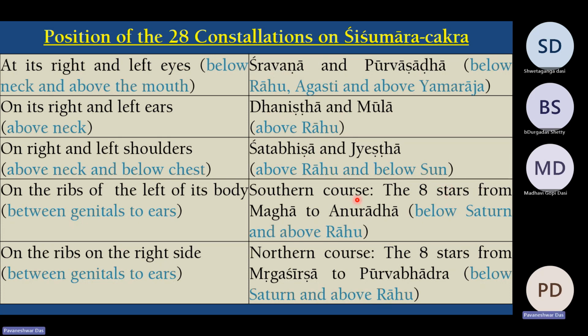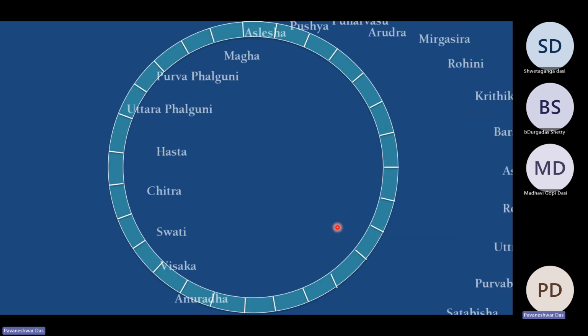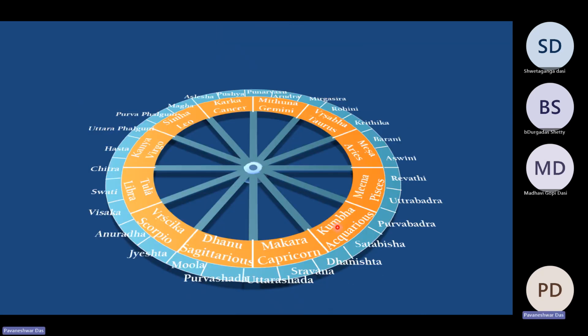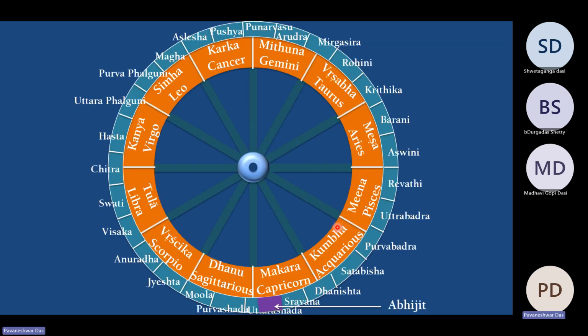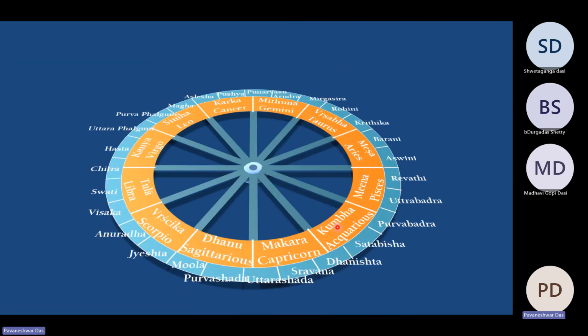And 8 stars on the south side, 8 stars on the north side. So, taking this verse into consideration, we place them properly in their respective locations as per the details given here. So these are the 27 nakshatras which are situated along with the 12 rashis, along with the 28th nakshatra Abhijit. They are supposed to be like this. They are not exactly a flat plane, but actually an inclined plane.